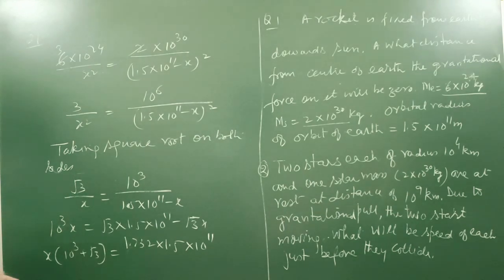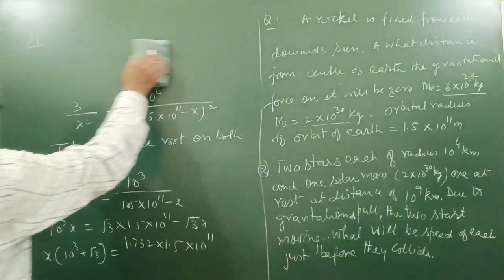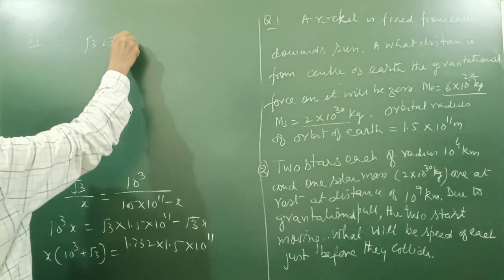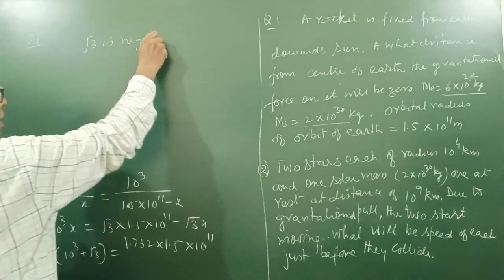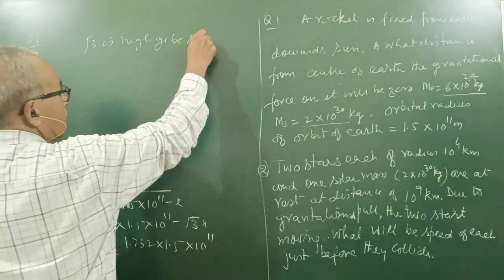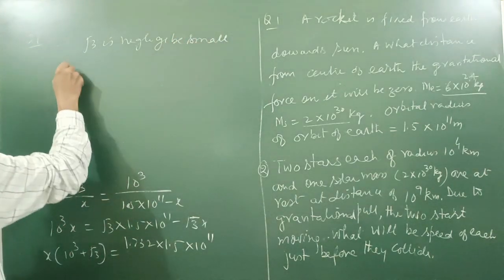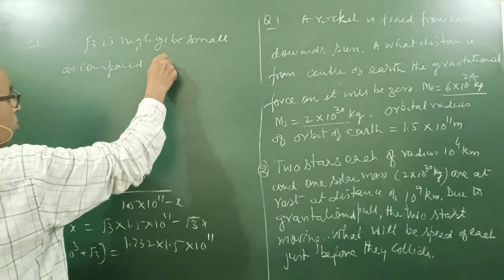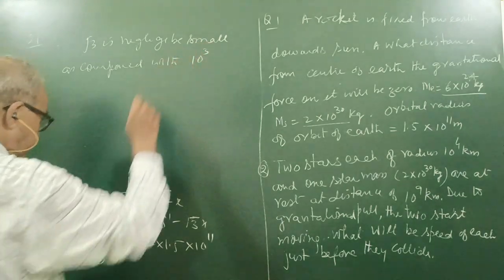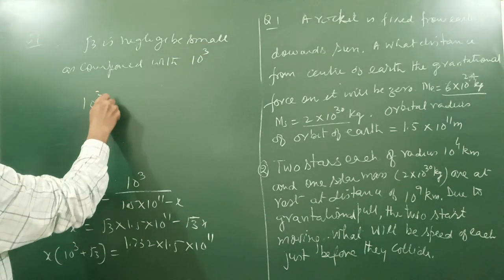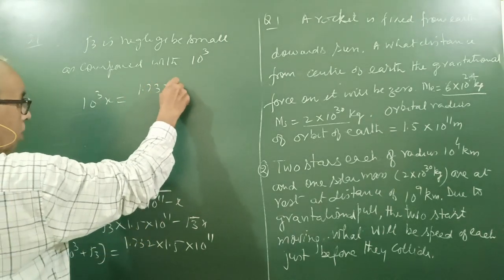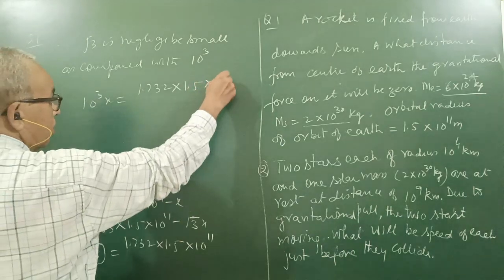Actually, while we add, root 3 is negligibly small as compared with 10 to the power 3. So 10 to the power 3 x equals 1.732 into 1.5 into 10 to the power 11.